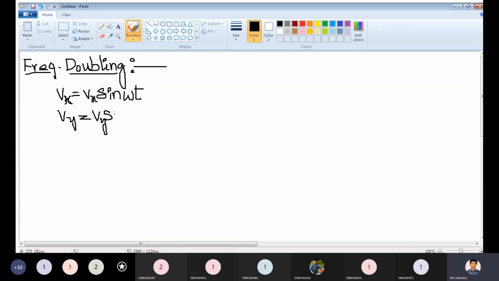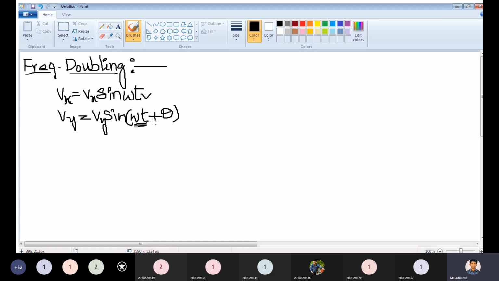Here we are taking the same frequency only, omega t, but the phase is different. In the definition itself, it allows different phases and different amplitudes, Vx and Vy, but the frequency is the same, sin omega t. Here we have a phase difference theta between the two input signals.